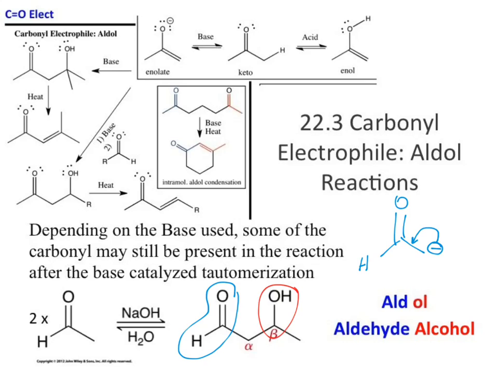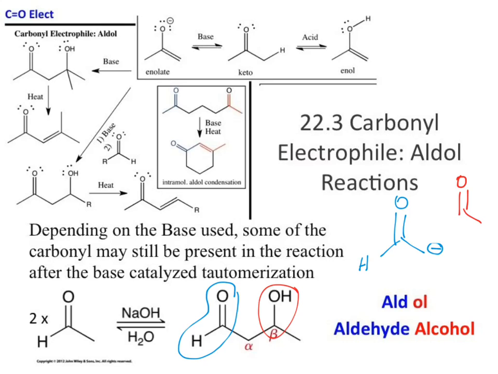If we use a weaker base, what happens? Well, if I have two molecules, one of them may have turned into the enolate, but the other one did not, which means I have a nucleophile and I still have some electrophile. It is now those two species reacting with each other to make the aldol product.